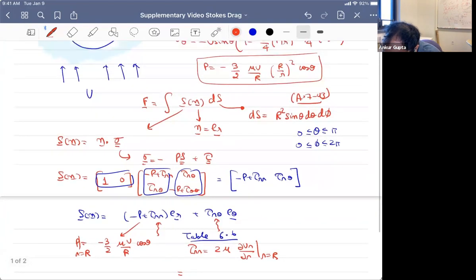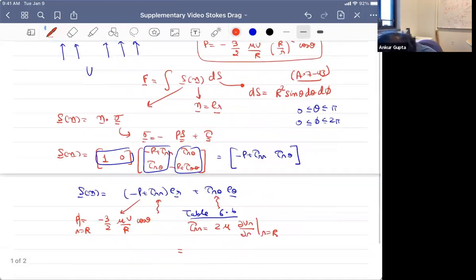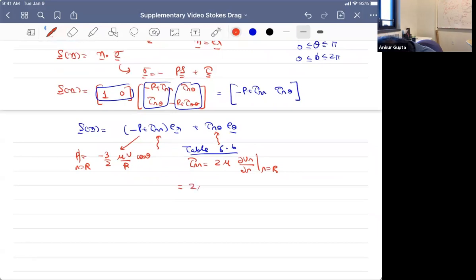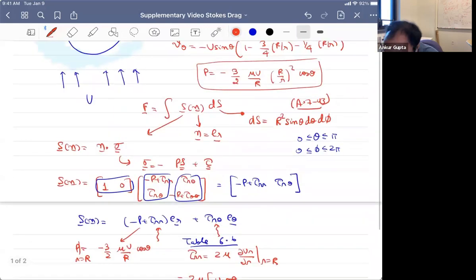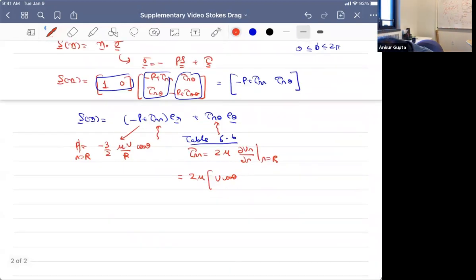And we basically differentiate this term. You already know the VR, so we'll differentiate by small r and then put small r equal to capital R. So we will get u cos theta. The first term goes away because you can't differentiate, it's just 1. Then we have minus 3 by 2 R by small r, so it will become plus 3 by 2 R by r square.